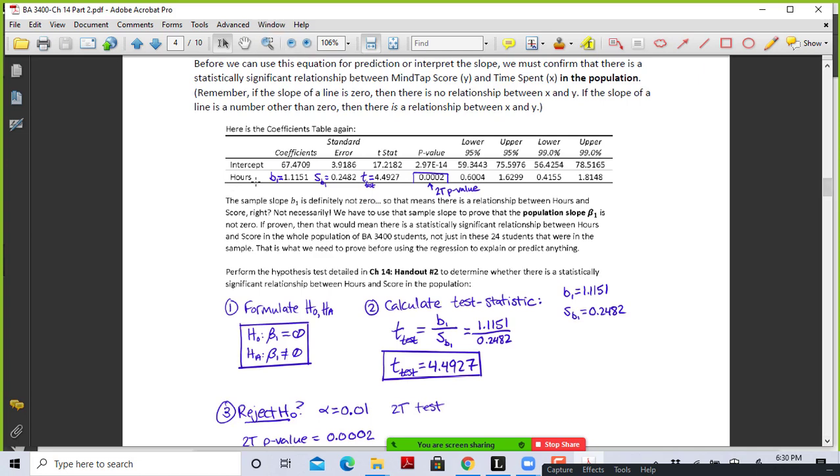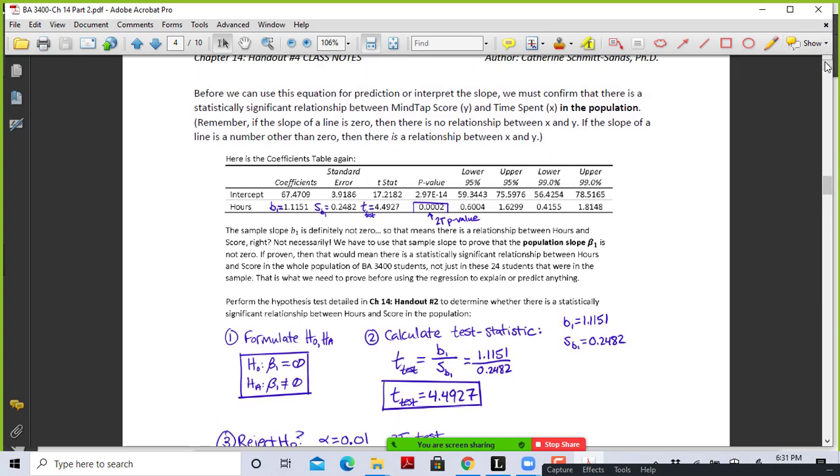So let's write this equation. What is this model about? Mindtap score with hours spent.